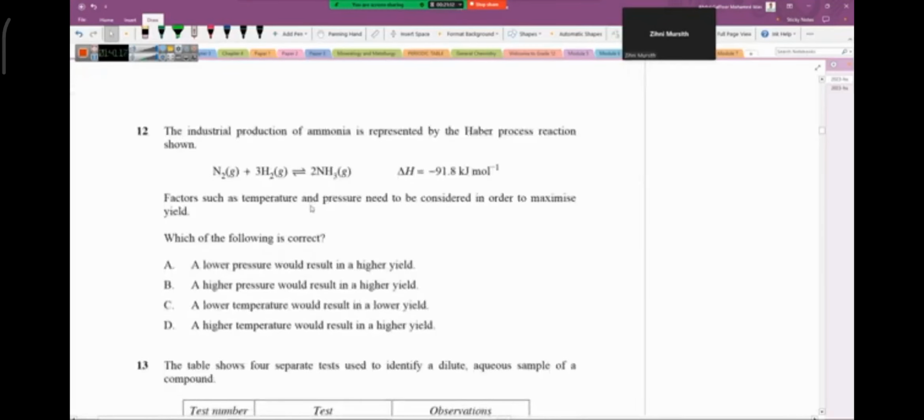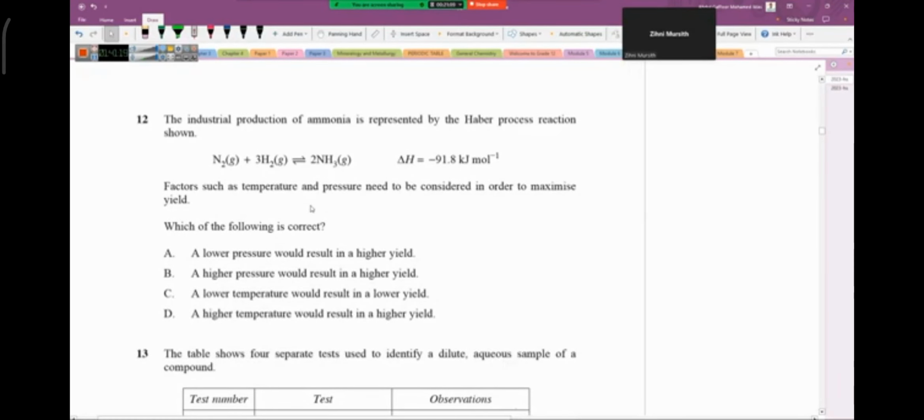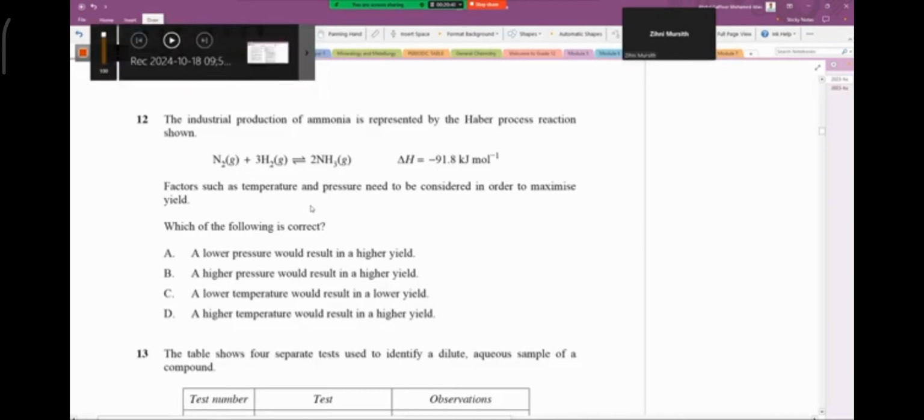What about the 12th one? Industrial production of ammonia is represented by the Haber process reaction shown. Factors such as temperature and pressure need to be considered in order to maximize yield. Which of the following is correct? Lower pressure would result in a higher yield. High pressure would. So you're trying to produce ammonia, and there are 4 moles of gas on the left and 2 moles of gas on the right.